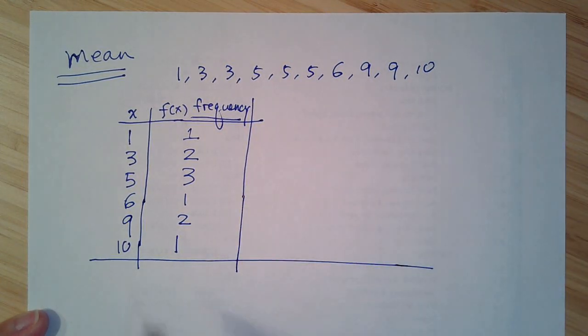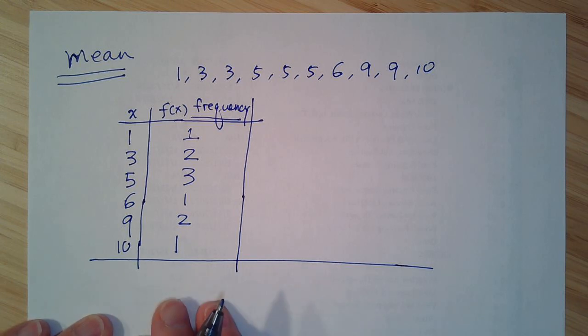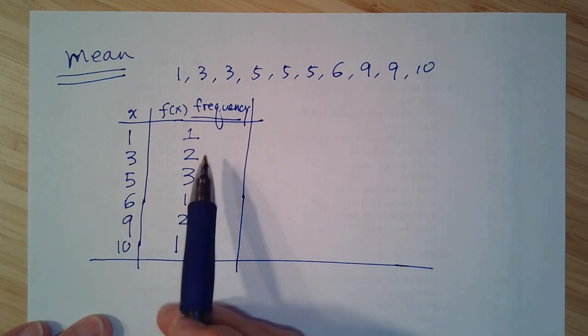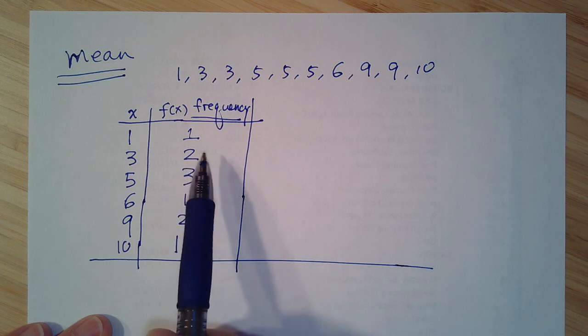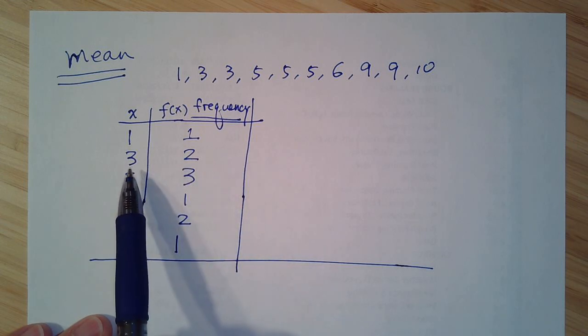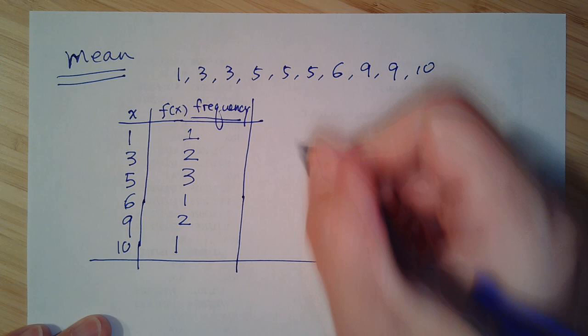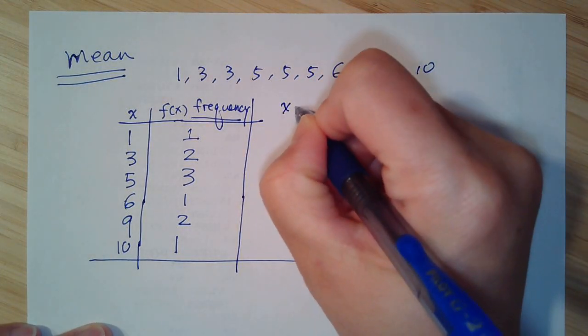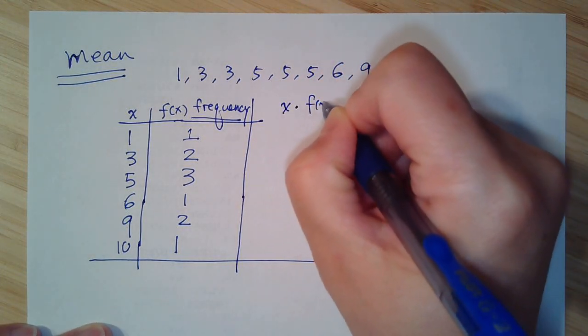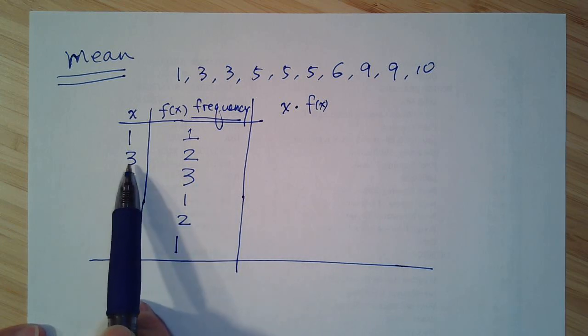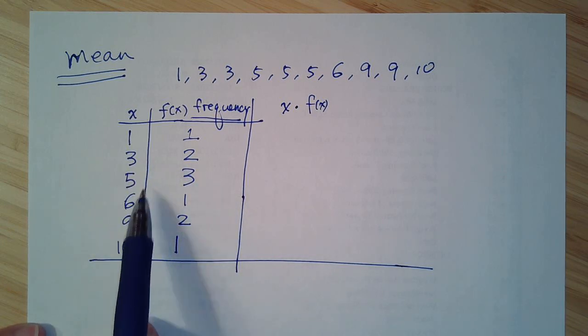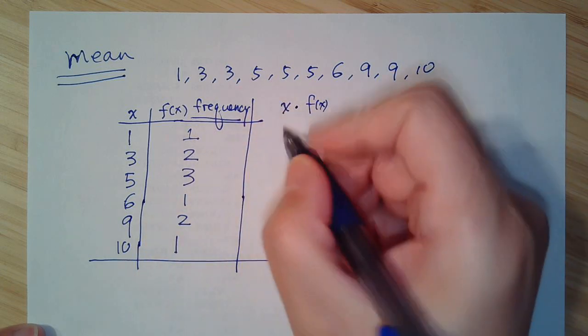All right, now if you are given a table like this, you have the x value, but the frequency comes with it. Once the frequency is greater than 1, that means this number appeared more than once. So what you should do is use x times the frequency of it. So you get the subtotal of this 3 and 3, 5, 5, 5, right? So you multiply this by that.